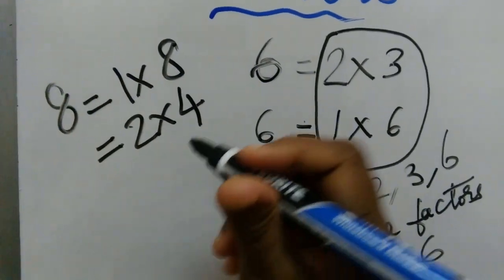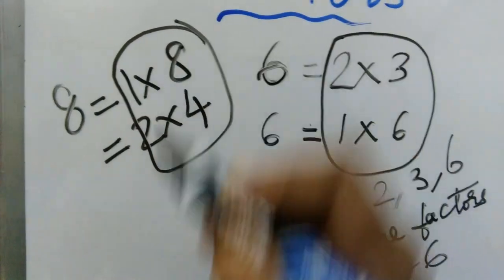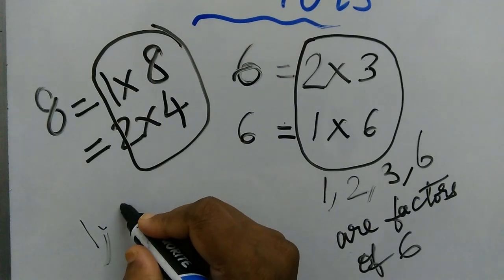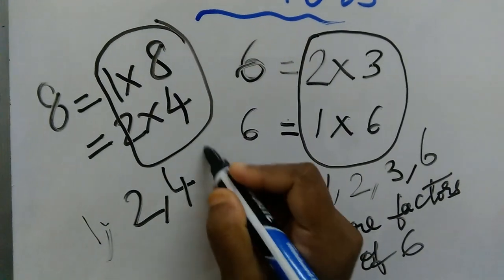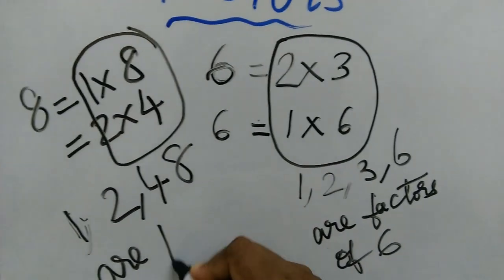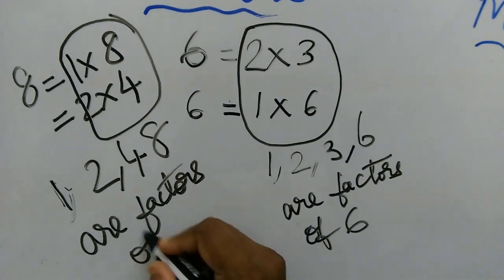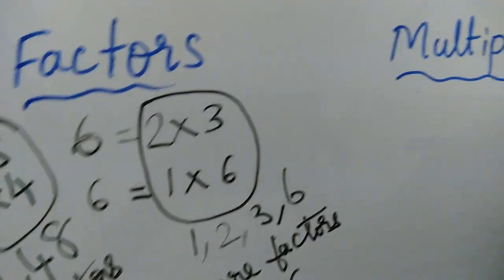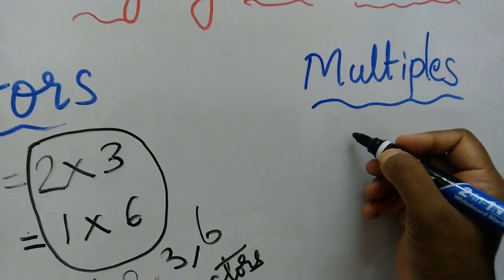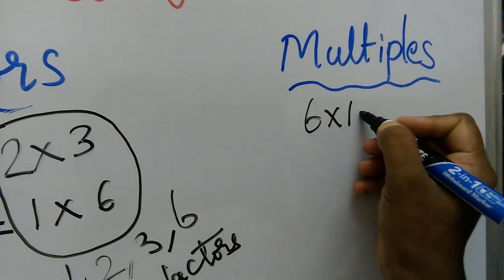No. So we can say that these numbers 1, 2, 4, 8 are factors of 8.